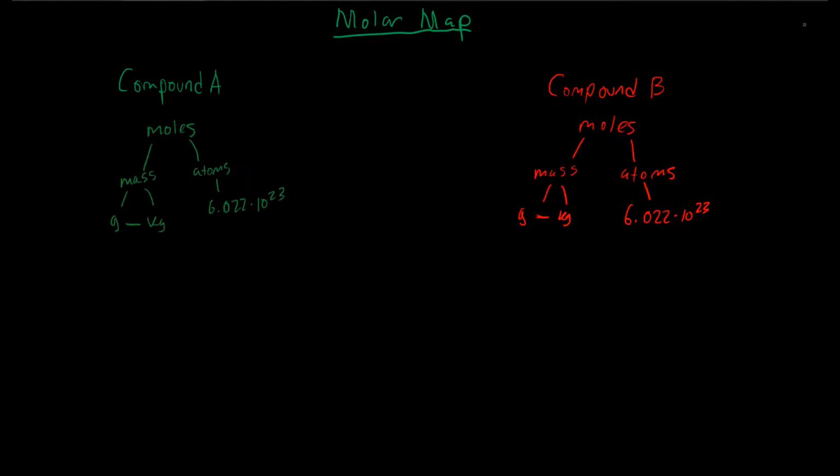There's a link between these two compounds that is called the molar ratio, which is the ratio between them in a reaction. We'll see an example in a second. So when you have moles of one compound, you can go to the mass of that compound and then atoms.